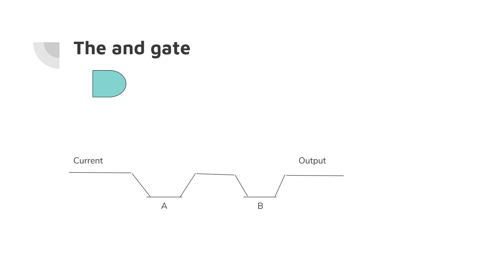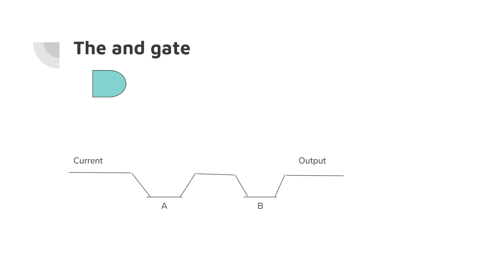So now we're going to step into the world of binary logic gates, also known as logic gates that take in 2 inputs. So there's the current, and the inputs are named A and B. And so let's say that A is 1 and B is 1.